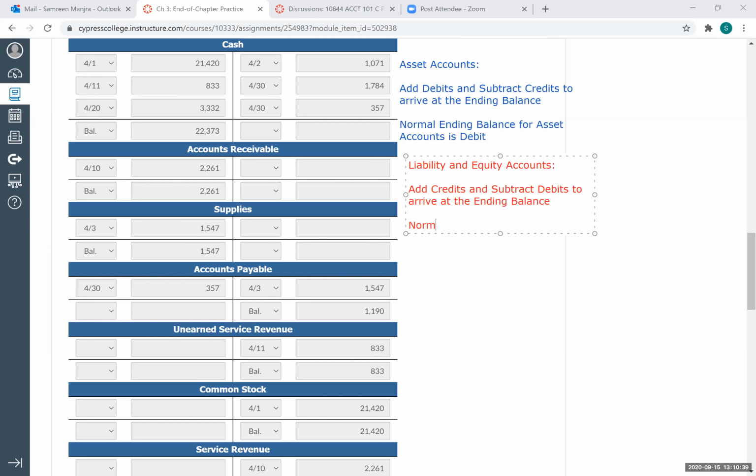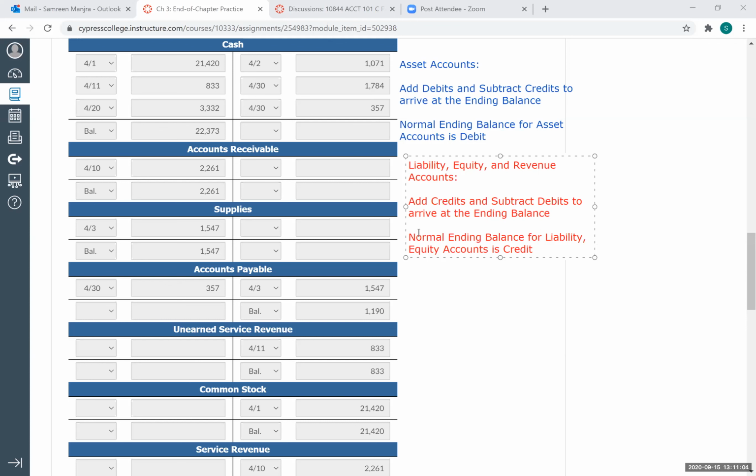And your normal ending balance for liability and equity accounts is credit. In addition, your revenues and your retained earnings, any of those accounts would also have a normal ending balance as a credit.